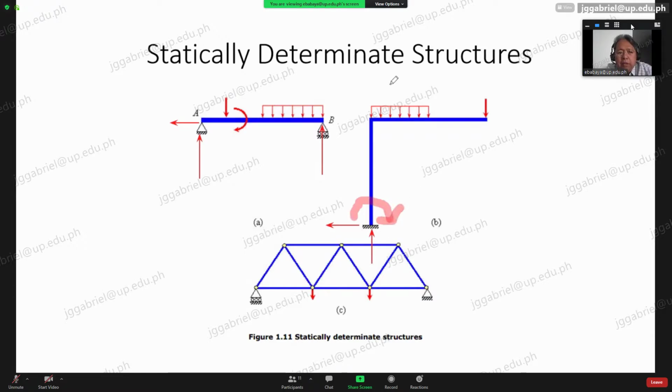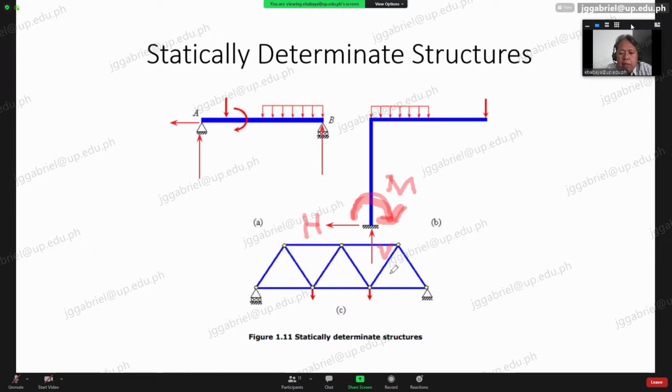Anyway, that's a moment restraint, no? Okay, that's it. Ito. Okay? Moment yun. So, moment. Ito, B, H. Okay? So, those are the restraints at this support.